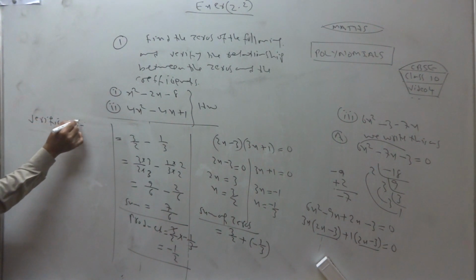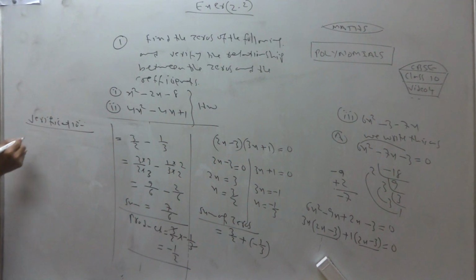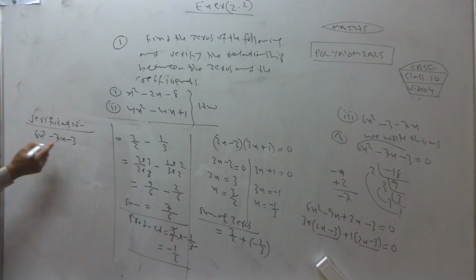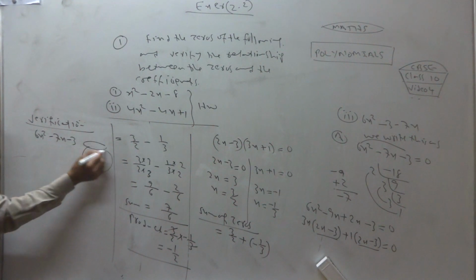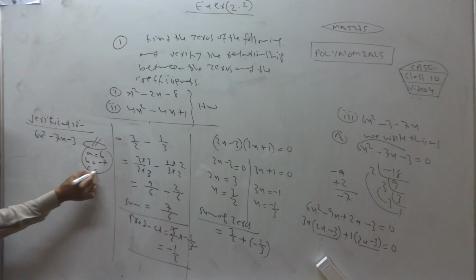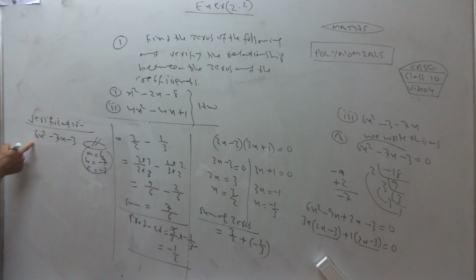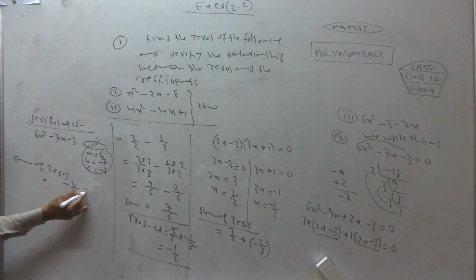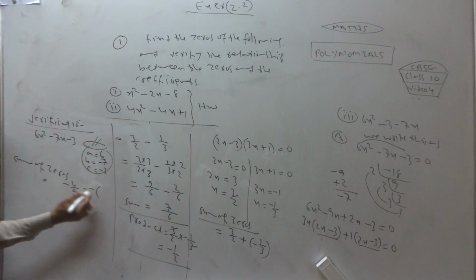Verification. Yeah, that is the question: 6x square minus 7x minus 3. Write in order. What are A, B, C here? A is 6, B is minus 7, C is minus 3. What is the sum of zeros? Minus B by A. What is B?